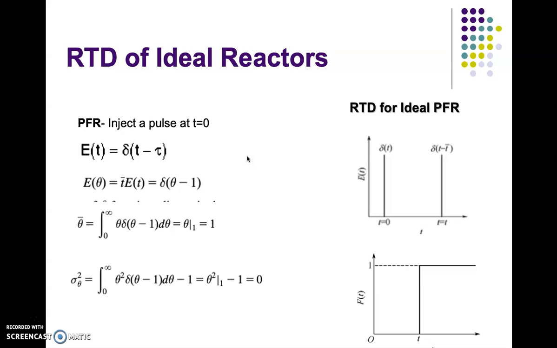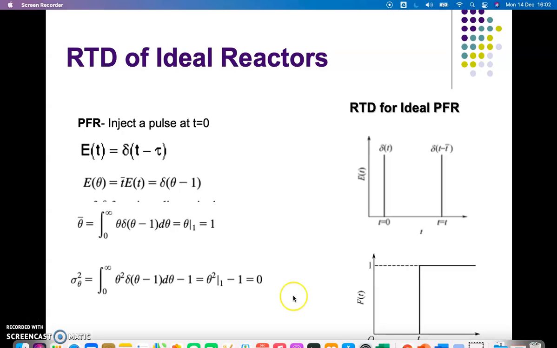So previously we know that the response curve has the same shape as the C curve. Now the RTD for the plug flow model can be described by this equation, which is E(t) equals delta(t minus t bar), where t bar is your mean residence time. This equation is the same one in your textbook, equation 5.24.